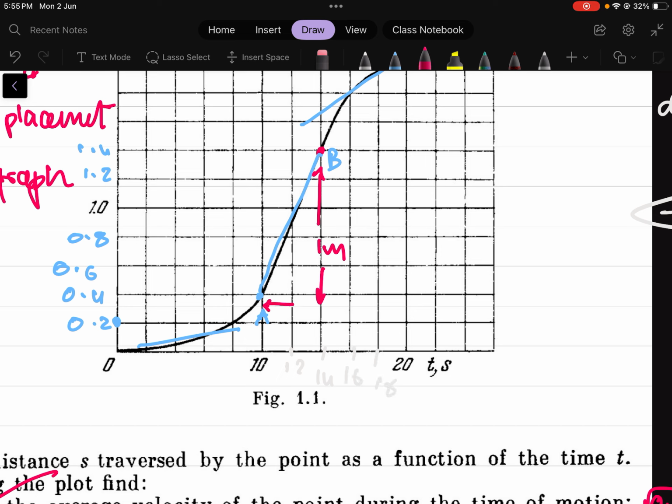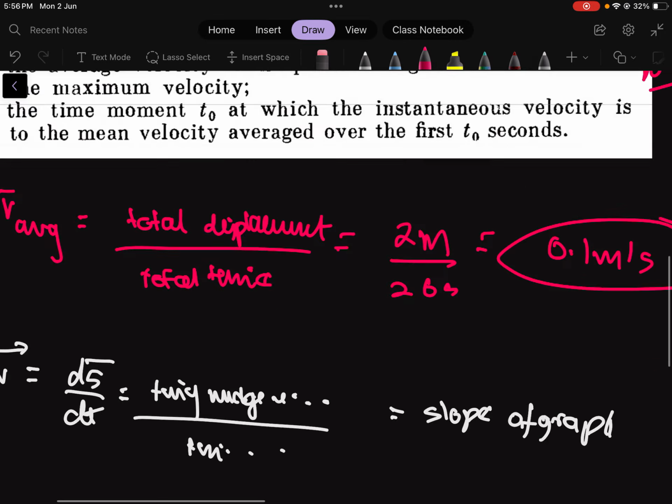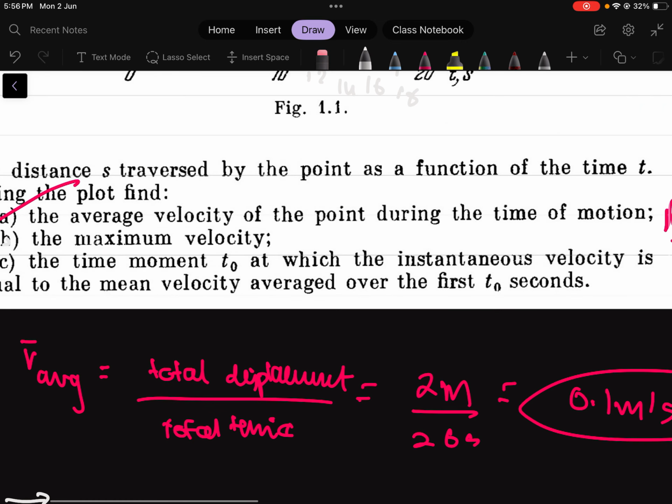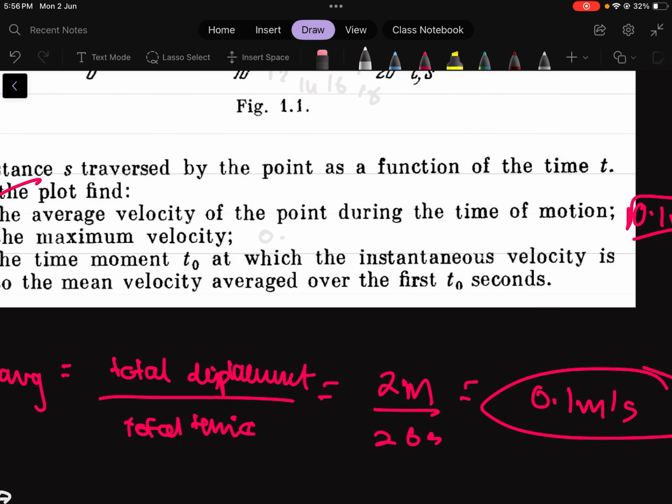So the width is going to be 4 seconds, right? So the slope is going to be 1 meter by 4 seconds, which is 0.25 meters per second. So that is the answer of the second part as well, 0.25 meters per second.